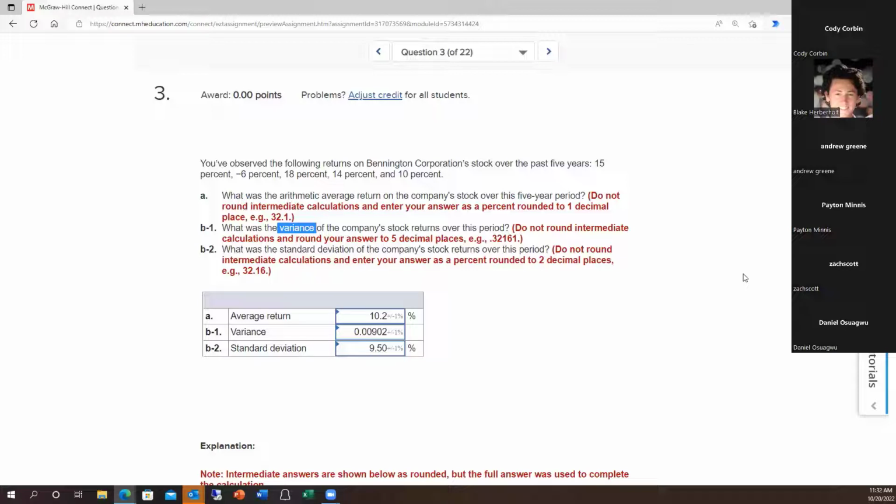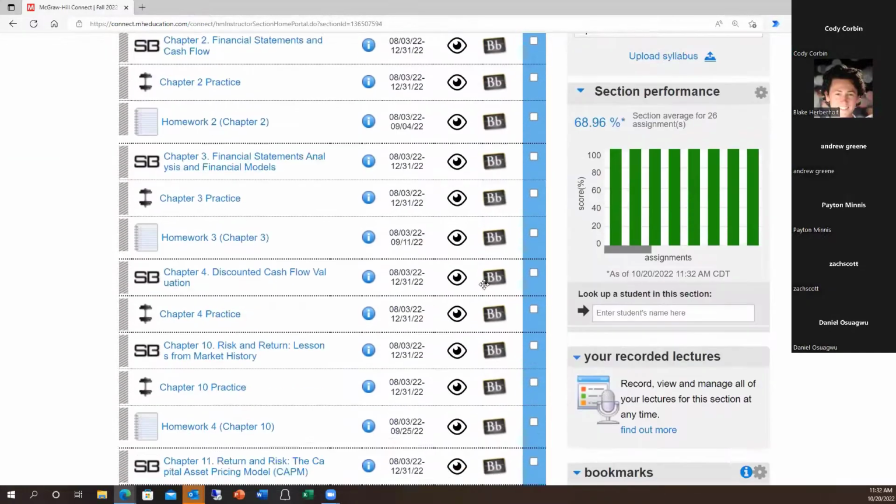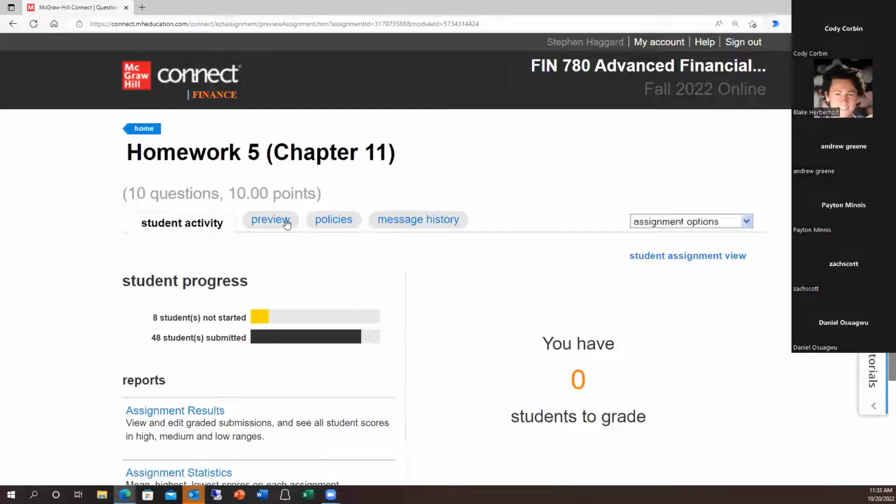Okay. Now we're going to move on to chapter 11. All of them that I've got here are from the homework. And the first one appears to be number 2.